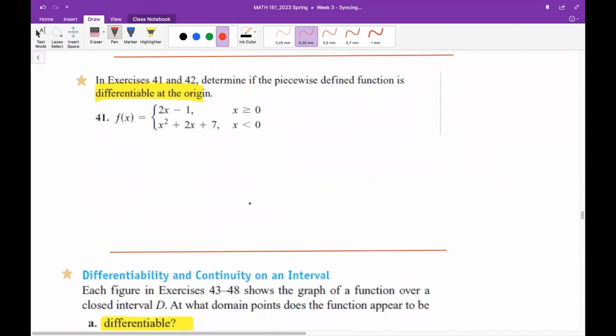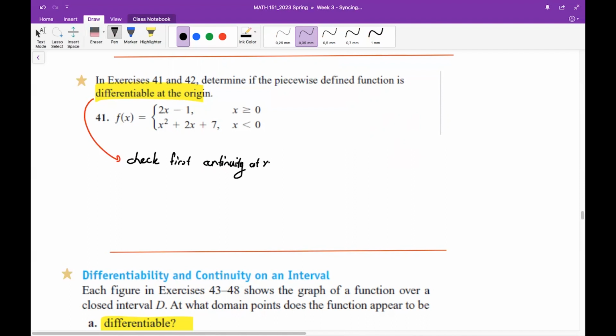Again, we have a piecewise defined function. We want to understand whether this function is differentiable at the origin or not. To check differentiability, what do we do first? We check continuity first, right? You need to check continuity at the given point, of course.